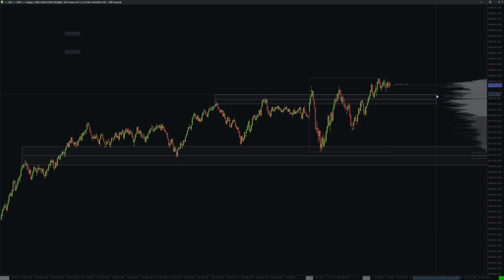Because the key is, I don't really want to be trying to go long, for instance, when price goes up through a zone and some absorption happens, because then look what can happen. It can come right back down. What I want to see is like over here where we have resistance, it comes up, finds support, and then continues up again.